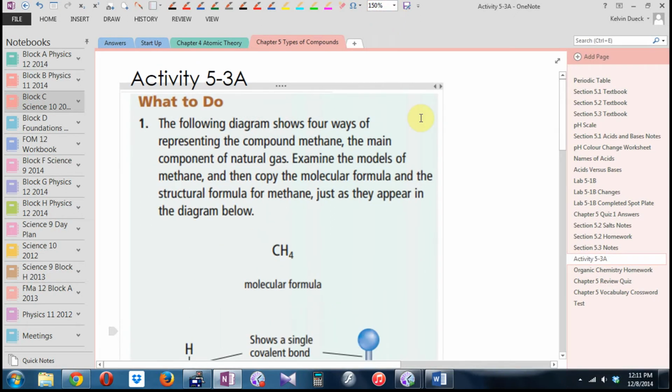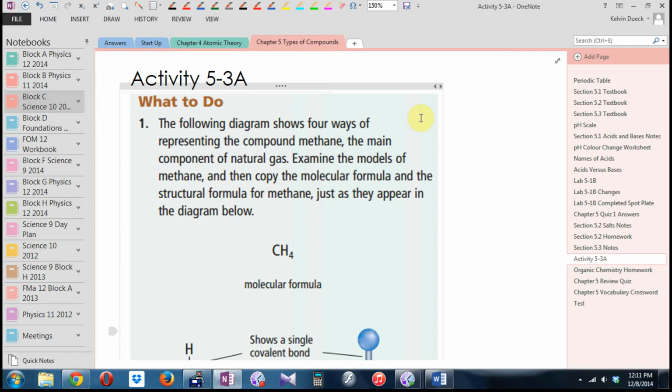Okay, so open to page 245. Do you have your textbook? If you do, get it out. If not, I've got it here, but you've got to squint because I can't make it very, very big. Page 245.